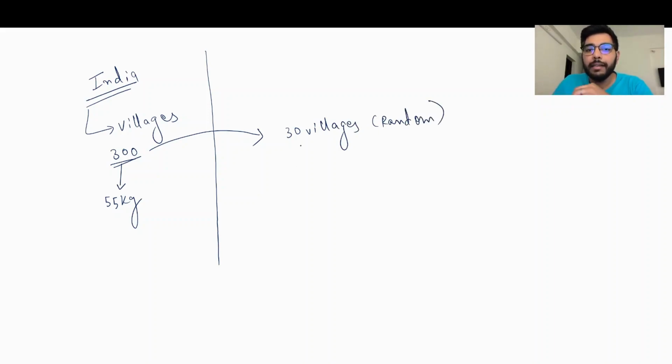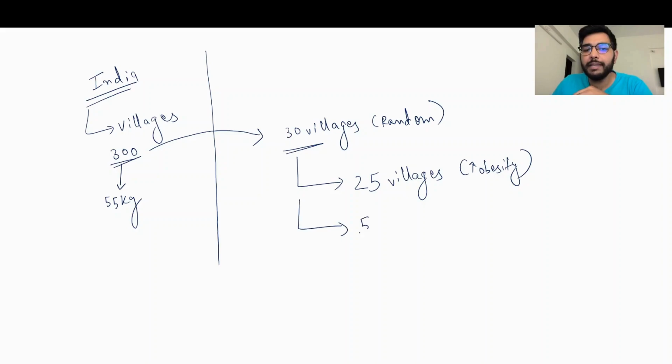Now what happened is, of these 30 villages, let's say we selected 25 villages having a high obesity rate, right? And 5 villages with less obesity rate or malnutrition because of lack of resources.